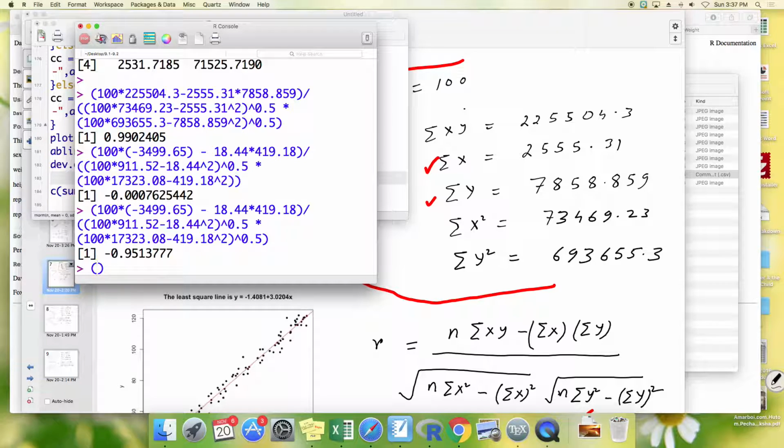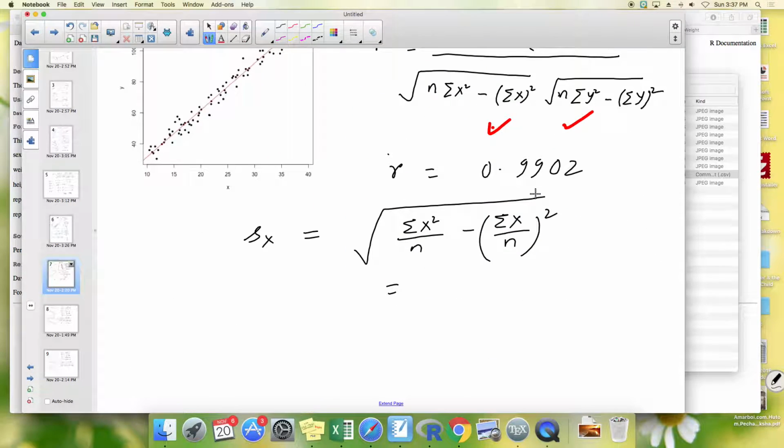Summation x square means 73469.23, divided by n, so divided by 100, minus summation x by n whole square.